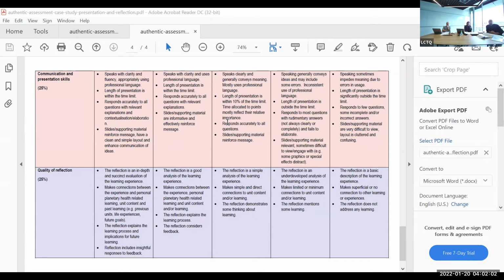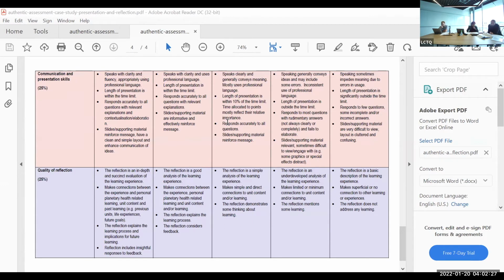Well, should we look at the quality of reflection and the high distinction? As Gina was saying, what's the basis of achievement here? The reflection needs to be an in-depth and succinct evaluation of the learning experience. So perhaps an increase in semantic density here, to convey all that sort of meaning.